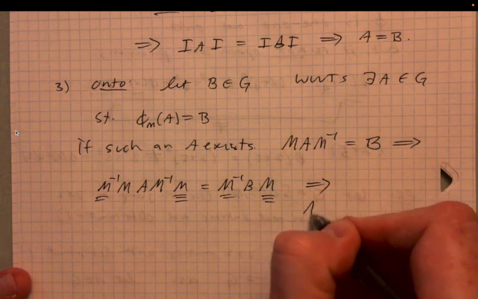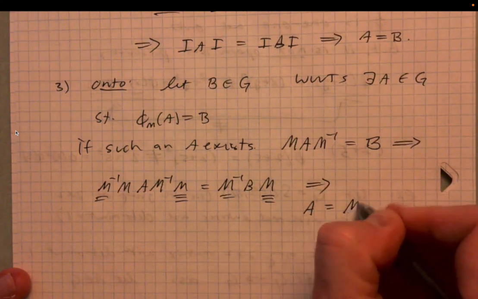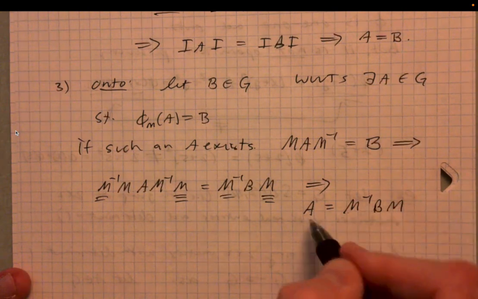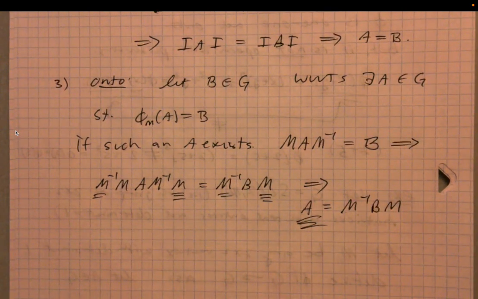A must equal M inverse B M. So such an A does exist. Perfect. So it's onto.